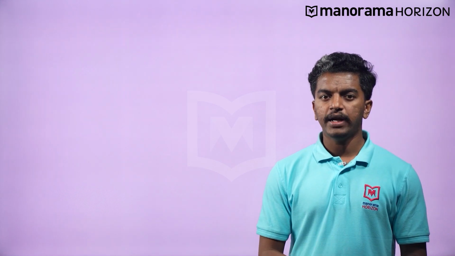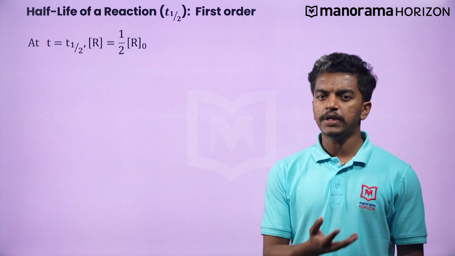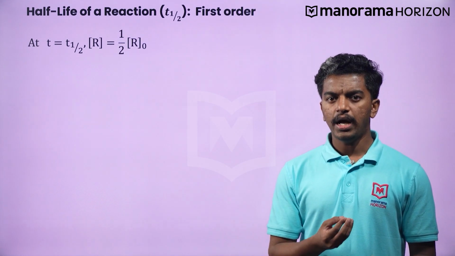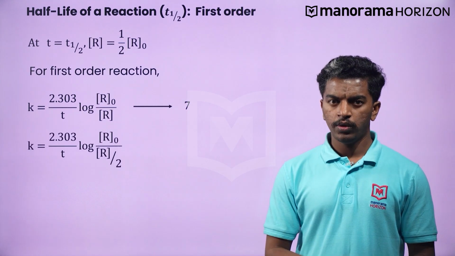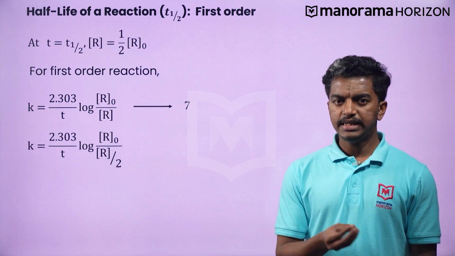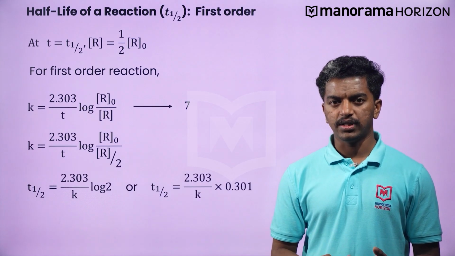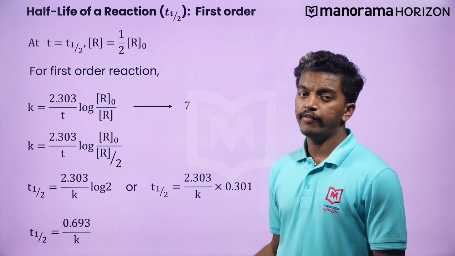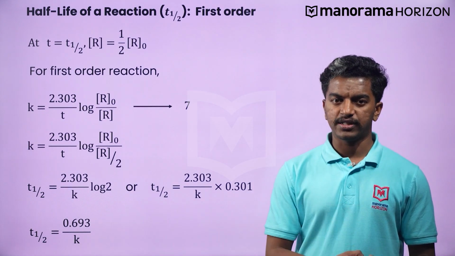Similarly, you may find the half-life of a first-order reaction. Consider equation number 7. When R becomes R0/2, then t becomes t half. Substituting this data, you may deduce the equation t half = 0.693/K for a first-order reaction.